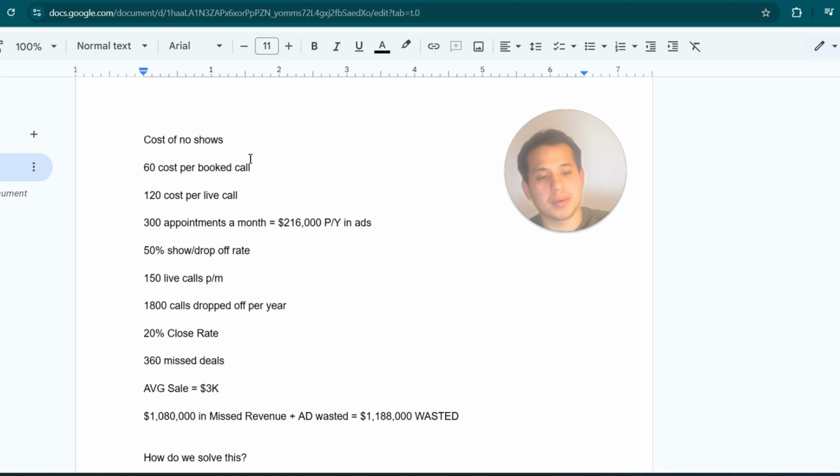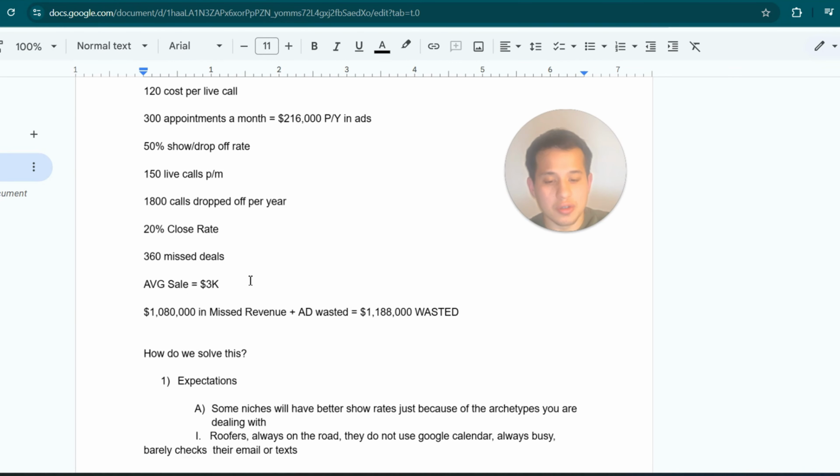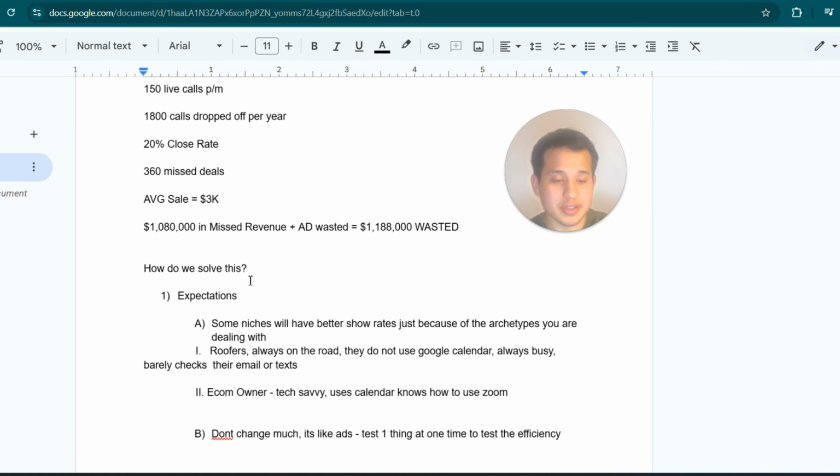So how do we solve this problem? First things first, we need to understand the expectations behind running ads, and the characters you're dealing with in your SMA when you're trying to book appointments. Some niches will just generally have a better show rate because of the archetype of the avatar you're dealing with.